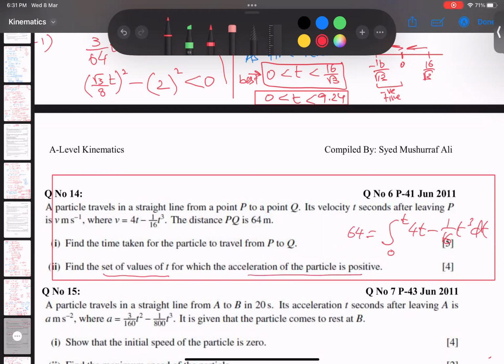It means you differentiate it, you get the acceleration, and then positive means the value is bigger than 0. Then you find the inequalities by drawing this out, if you remember what I'm saying. There is a negative sign, but anyway, you can try. So please try question number 14 and then send it to me. Take your time, please.